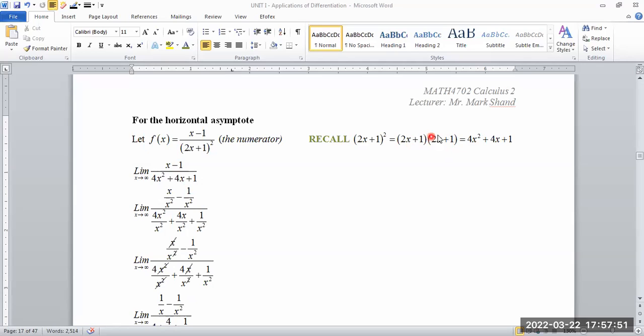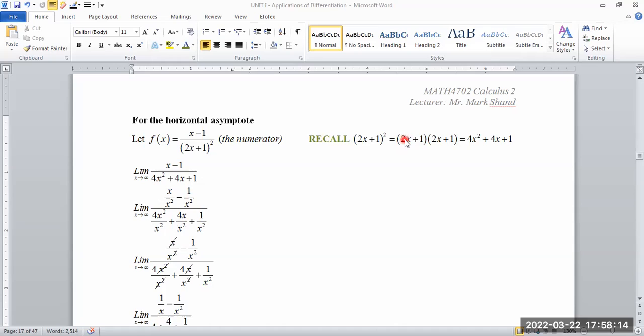Because I have two terms in the first parentheses, the first term is going to be multiplied by both terms in the second parentheses, and then I use the second term and multiply by both terms again. So each term in the first parentheses will be multiplied by everything in the second parentheses. Watch me.